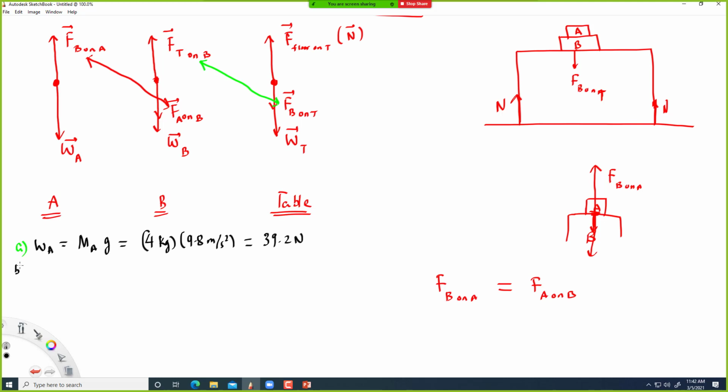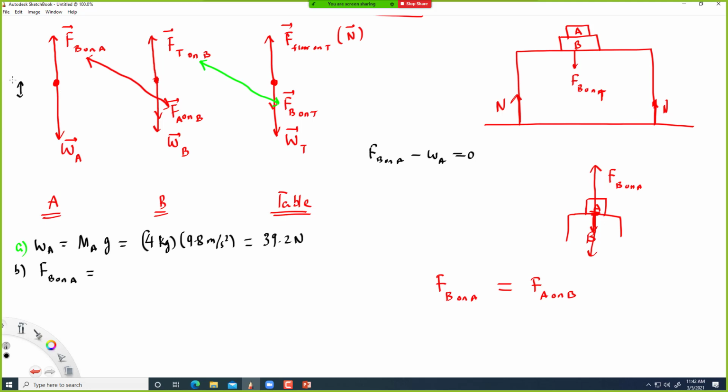And then the second force is force of B on A. And how do you find that? It's pretty straightforward. If you write Newton's law here, F B on A minus WA would be 0, because it's not accelerating up or down.